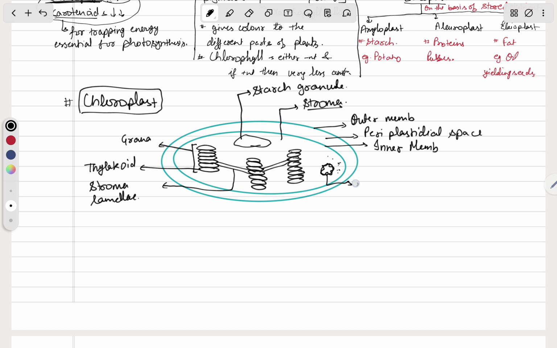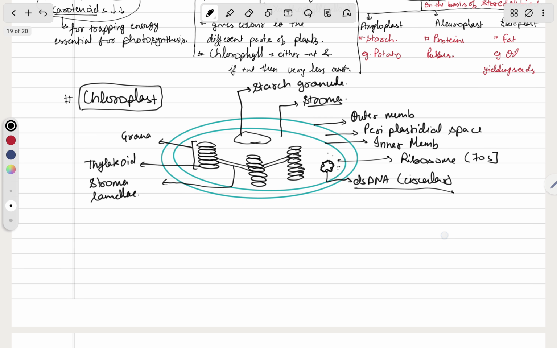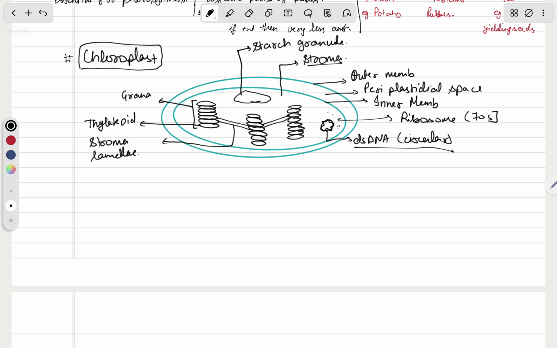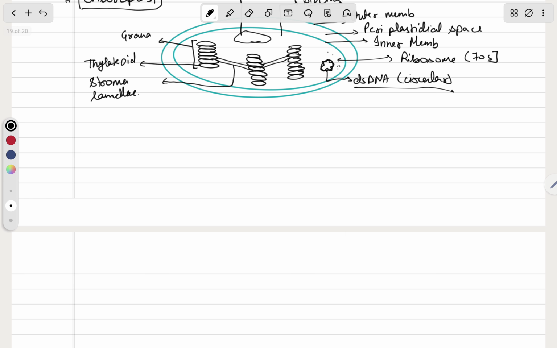This is the double stranded circular DNA, and these are ribosomes. Just like mitochondria, they have 70S type of ribosome, double stranded circular DNA, and some RNA and protein. Because of the presence of these components, chloroplast or plastid is also known as a semi-autonomous organelle, right?